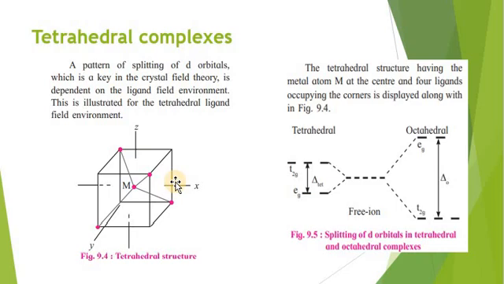Each electron entering one of the dxy, dyz or dzx orbitals raises the energy by 4 Dq, and the dx2-y2 and dz2 orbitals lower their energy by 6 Dq compared to the hypothetical degenerate d orbitals in the ligand field.